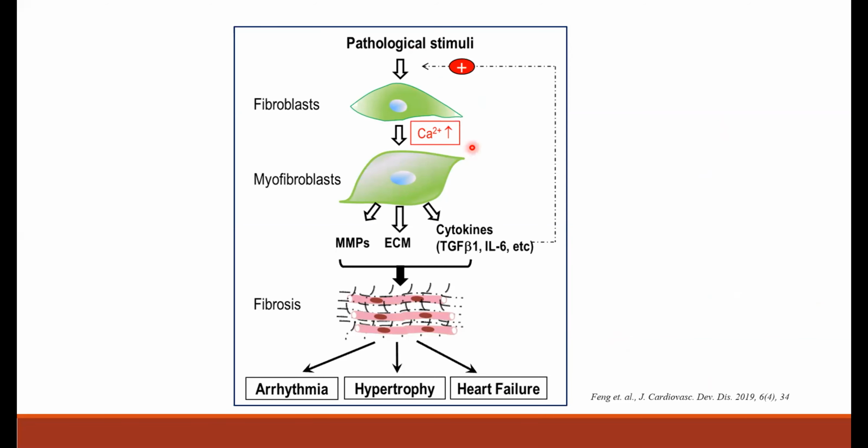You have an increase in the calcium within the cell, which then releases MMPs. Then you have ECM happening. Then you have the cytokines that come out, which are TGF-beta, IL-6, and a lot of the other inflammatory cytokines. Then these act as regulatory pathological stimuli and form a cycle wherein you have further fibrosis happening, which then leads to diseases such as arrhythmia, hypertrophy, and heart failure.